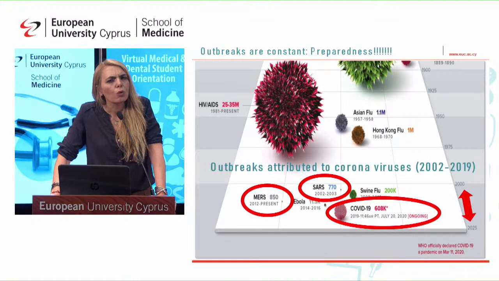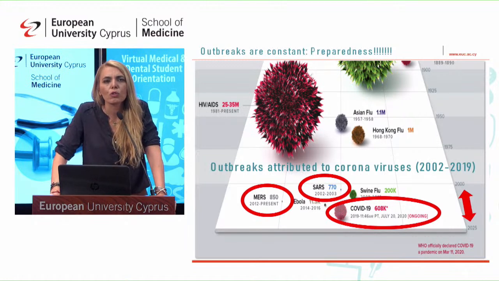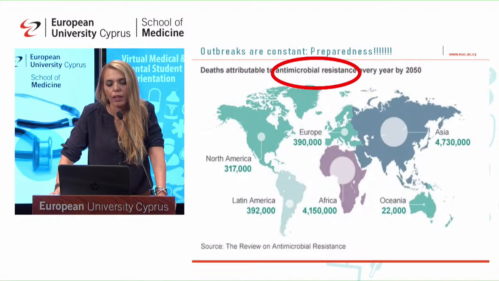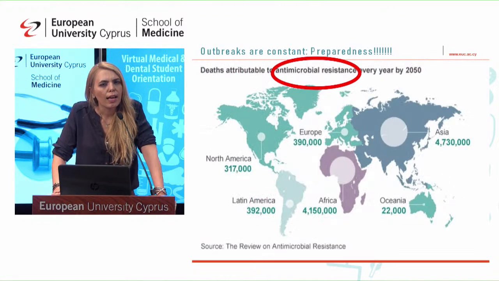And if you see closely, during the last approximately 10 years, we had 3 outbreaks connected with coronaviruses. So that means that we will have to deal now, but also in the future, with similar infectious disease outbreaks. And it's not only about that.